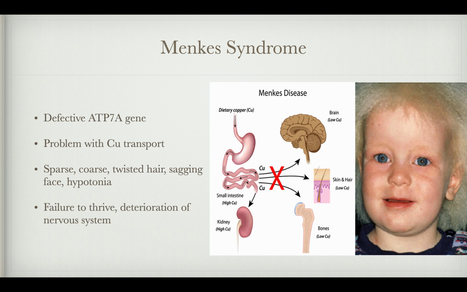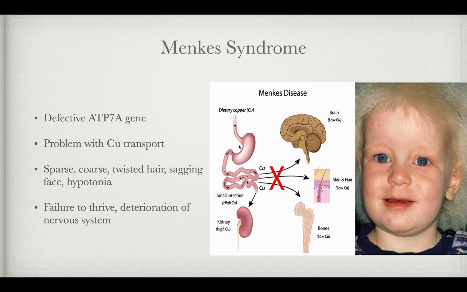So Menkes syndrome is a defect in the ATP7A gene, and it is a problem with copper transport. So yes, there's a deficiency of copper, but it is a problem with the transportation. So when you eat the copper, normally, it is absorbed and then processed in the liver.